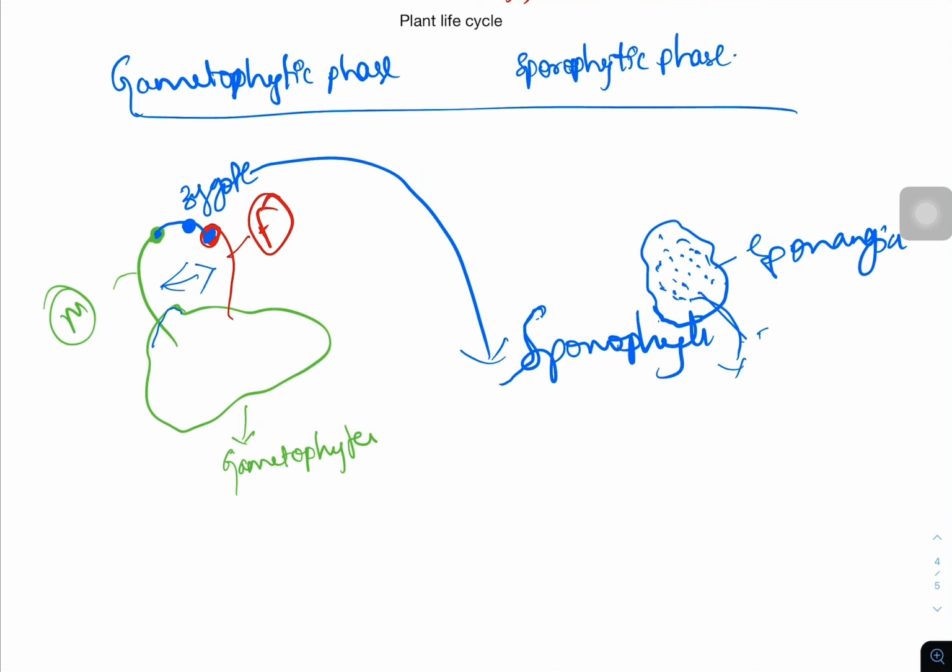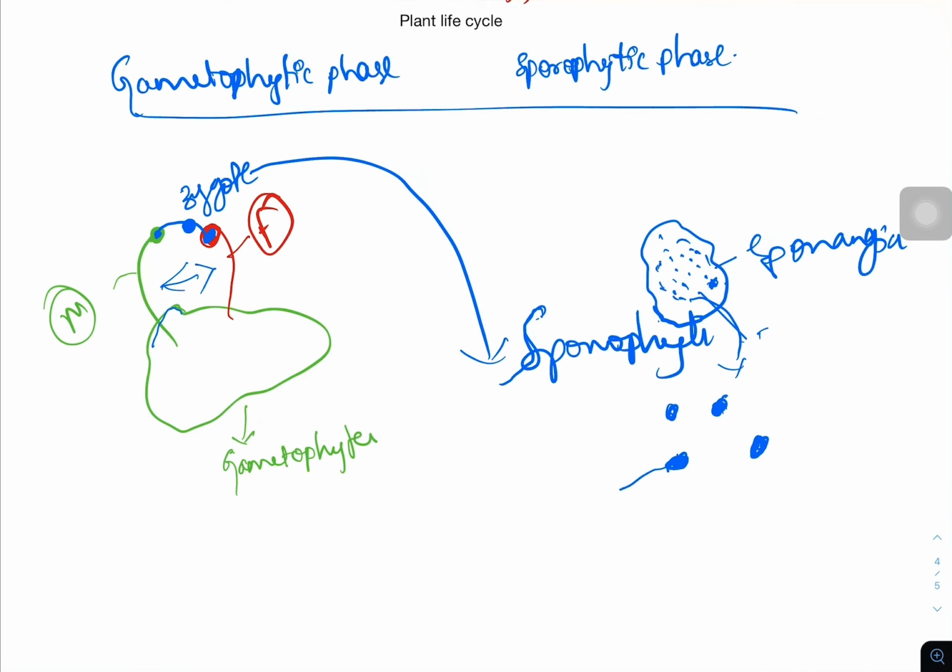As I told, usually meiosis takes place in the gamete mother cells. So here these are gamete mother cells, they undergo meiosis, the chromosome number is reduced to half. So a half number of chromosomes is released out.